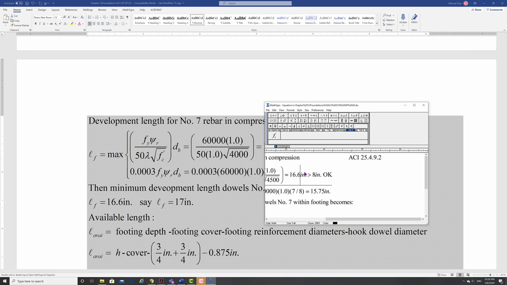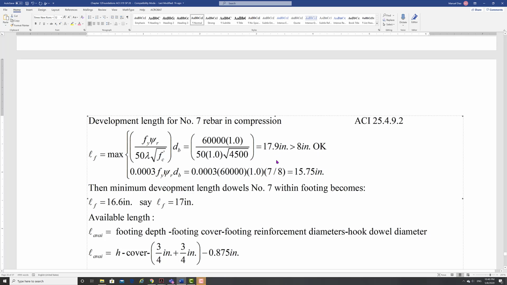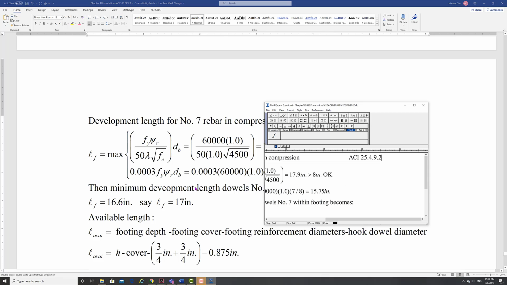So this one got bigger, 17.9. Then the second equation doesn't depend on that. So this one is 17.9 here, so that's going to be 18 now.